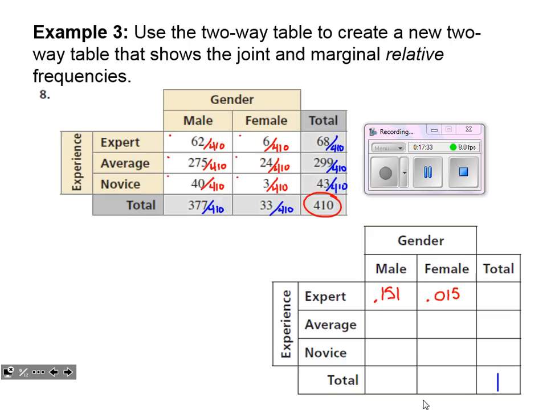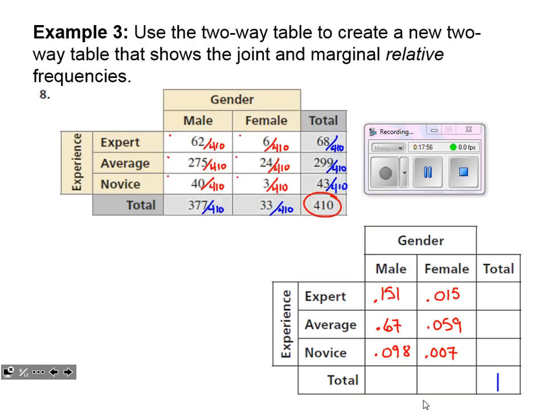All right, for the next one, average males, 275 divided by 410, I get 0.67. And 0.059. Next row, 0.098. And James Bond, 0.007.